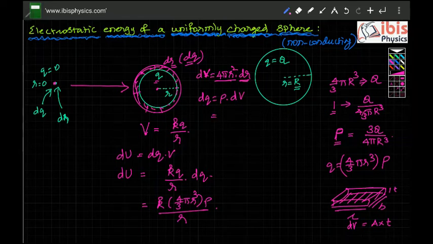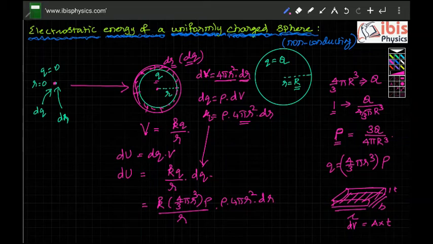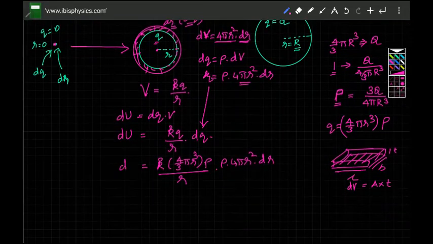What is the charge density? Rho. What is the volume added? 4 pi r square into dr. This is dq. Then in place of this dq, we substitute rho into 4 pi r square into dr. Then this is the energy.